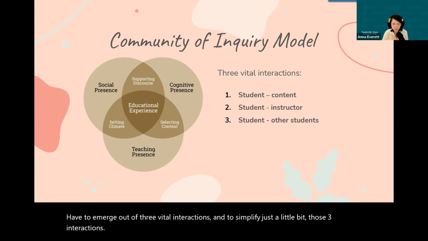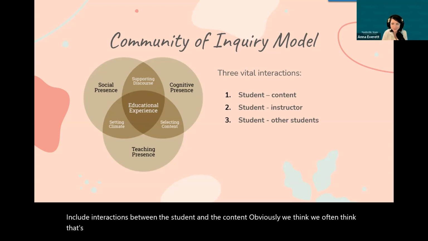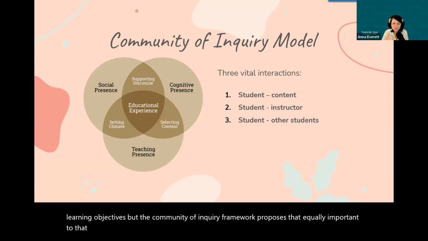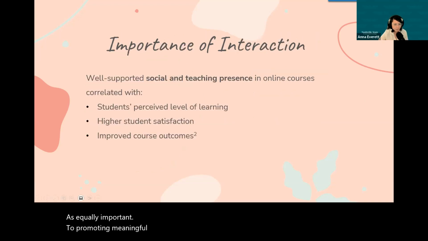To simplify just a little bit, those three interactions include interactions between the student and the content. Obviously, we often think that's the most important thing, students engaging with the content and meeting our learning objectives. But the community of inquiry framework proposes that equally important to that are interactions between the student and the instructor, and interactions between classmates, in promoting meaningful educational experiences.